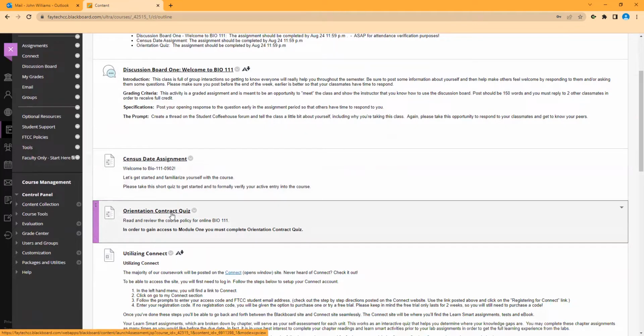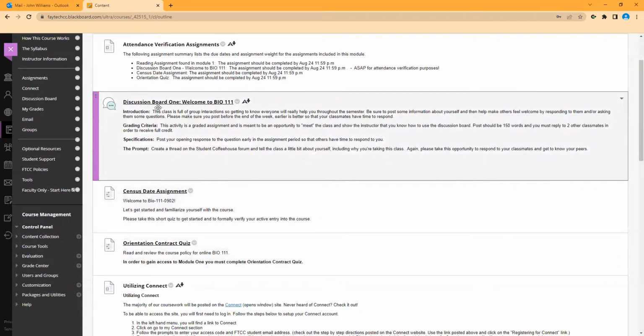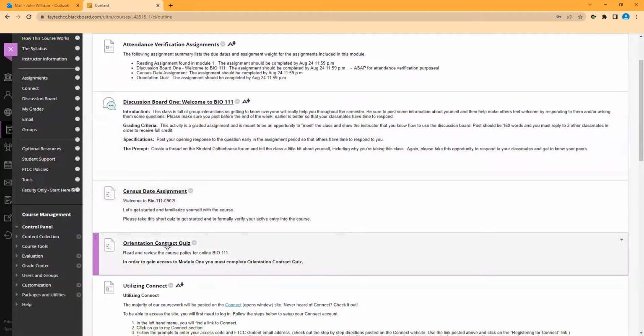This is basically saying you went through, read the syllabus, understand everything that's going to be going on in this course, and you're good to go for the semester. So these three assignments, the discussion board 1, the census date, and the orientation contract quiz, are what we need to have done by that census date, so by the 24th.